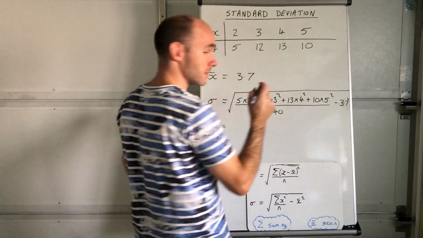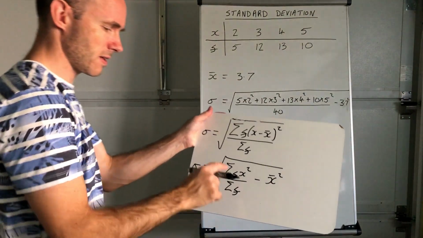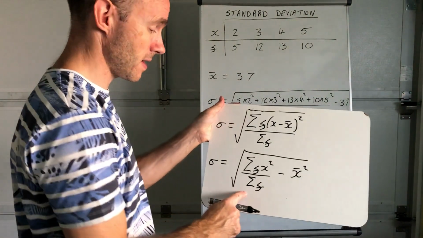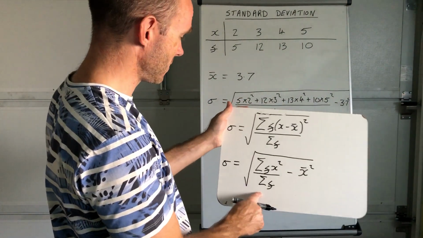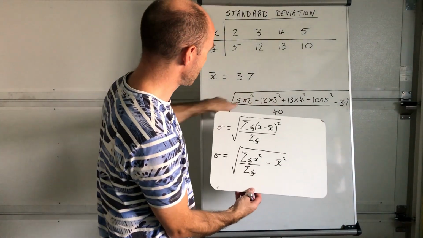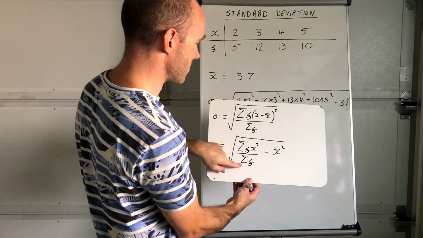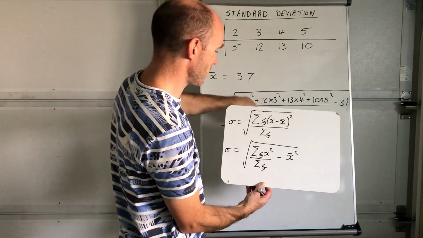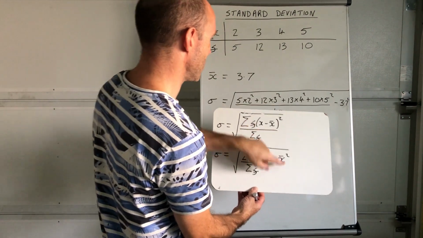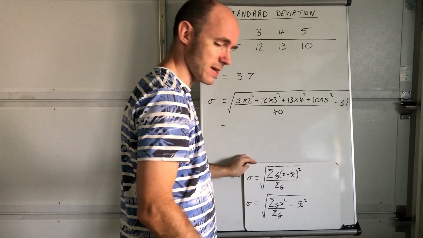And then that's it. So I'll just show you that formula again. Using this one, the preferred one, because it's quicker and easier. That's all we've done. We've got sigma fx squared, so that's this line here, 5 times 2 squared, 12 times 3 squared, and so on, all divided by sigma f, the total frequency, which is 40, subtract the mean squared, so subtract 3.7 squared.